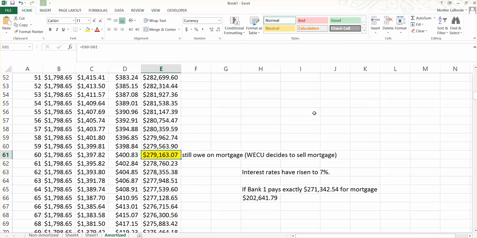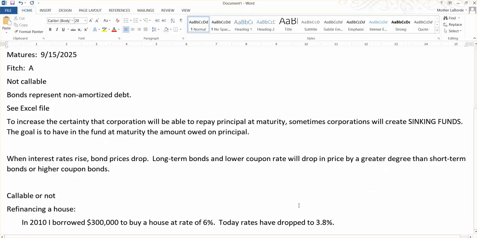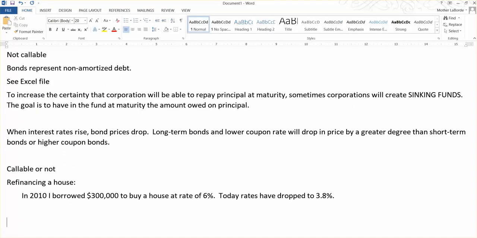So how does all this relate to a bond being callable? The call feature basically refers to this.